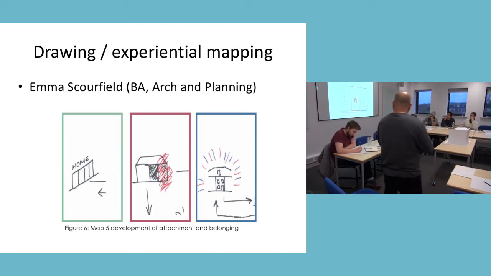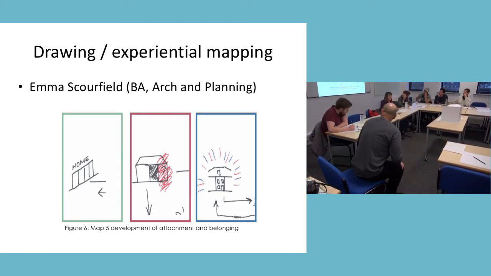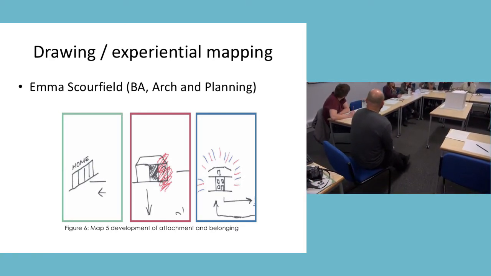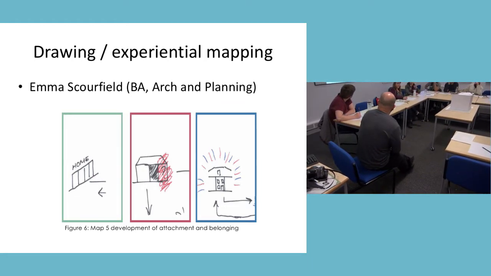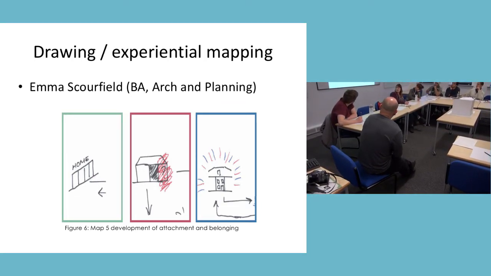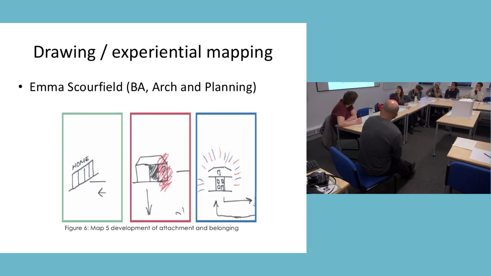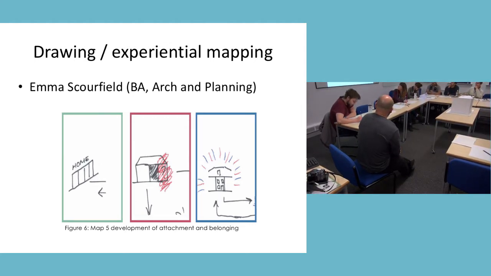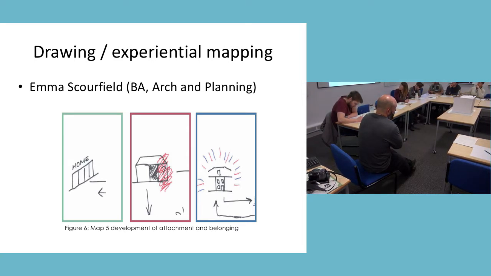This one is an undergraduate student who did a great project with mapping and drawing. In this case, Emma had her participants, so this is participant drawn, who were Erasmus students new to Bristol, and she asked them to draw their journey to UWE from their new home here in Bristol.